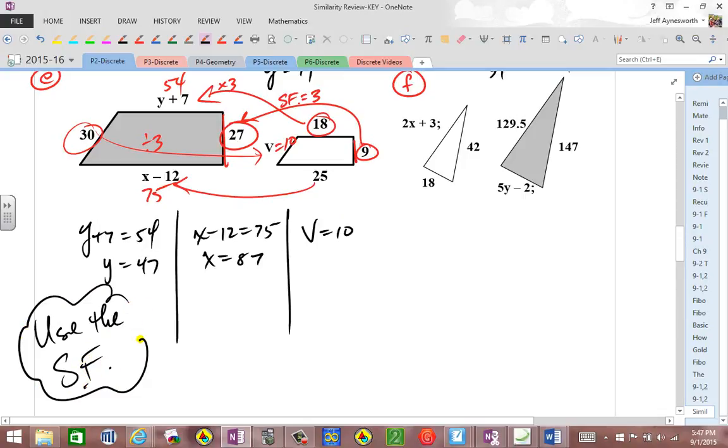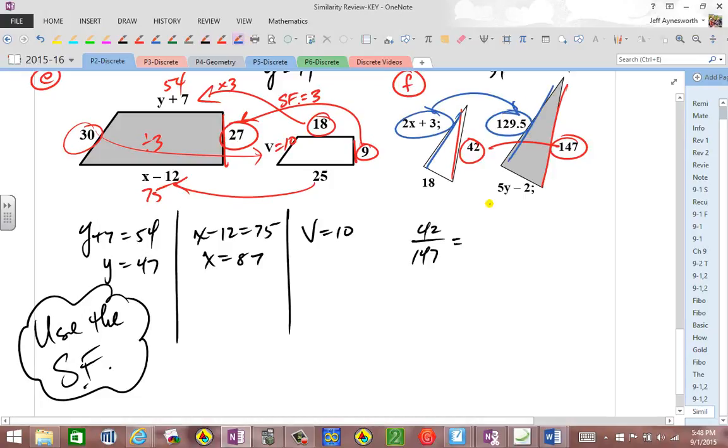On this triangle problem here, what do I know? Okay, so right side to right side. So 42 corresponds to the 147. So I can use that ratio. So 42 to 147 is proportional to left side, right? This to this. So 2x plus 3 to 129.5.